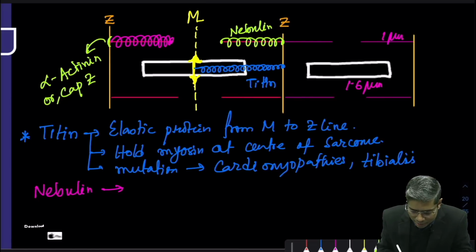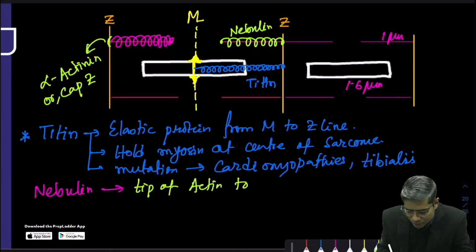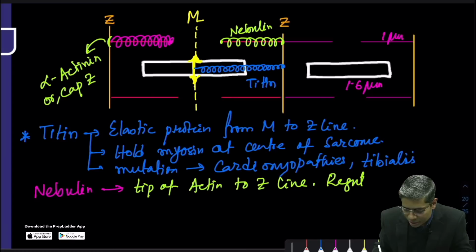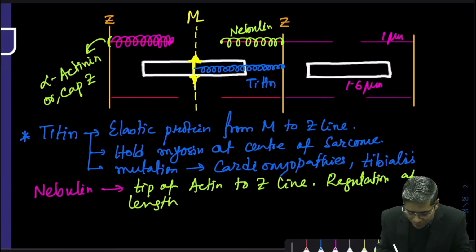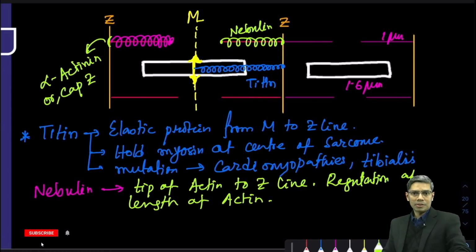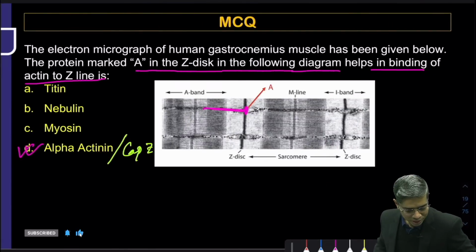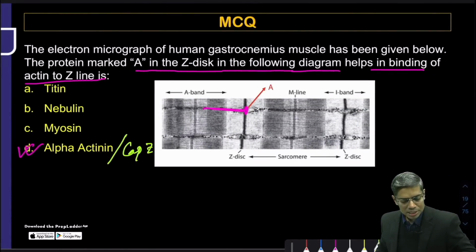We said the nebulin is attached from the tip of actin to the Z line, and what is the function? Regulation of length of the actin molecule, right. So, that is the nebulin protein. I hope you understood. So, titin, nebulin, myosin, the rest you know, okay.